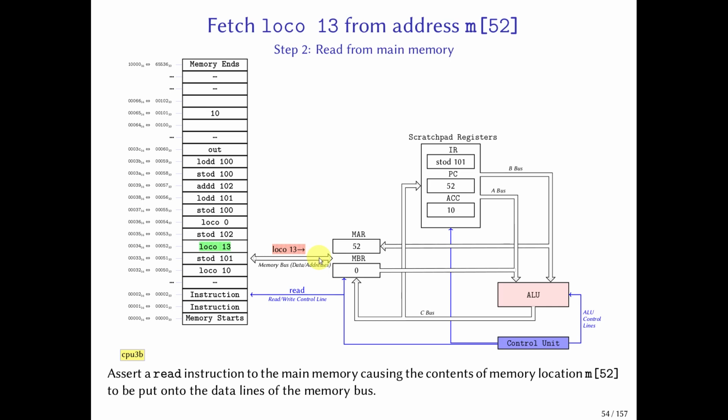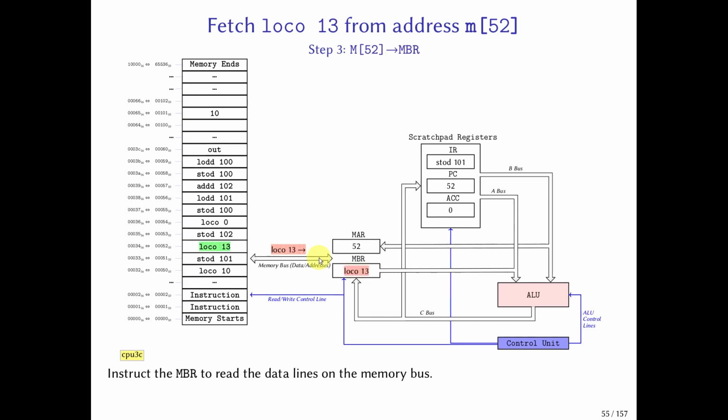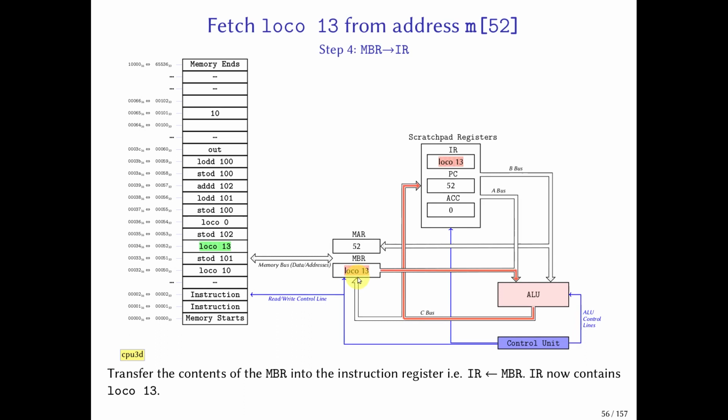The next thing that happens is that the CPU reads the inputs from the data lines of the memory bus, and the loco 13 is brought inside the CPU and temporarily stored inside the memory buffer register. Step number 4, as before, is for the contents of the memory buffer register to be copied through the data path, through the ALU, up through the C bus, and then into the instruction register.